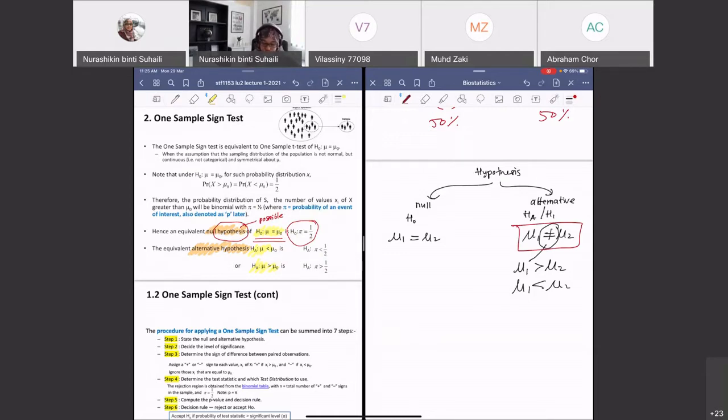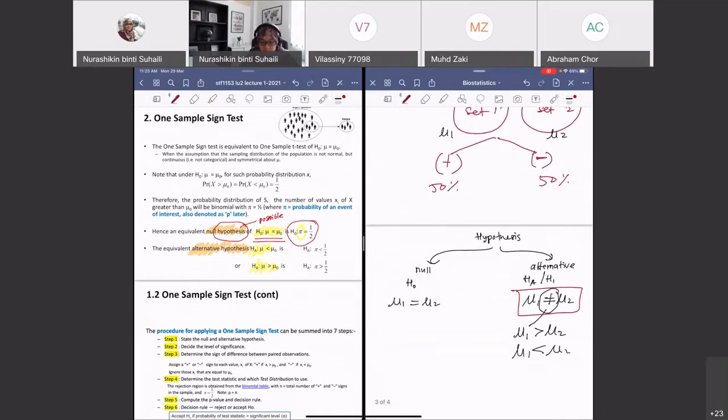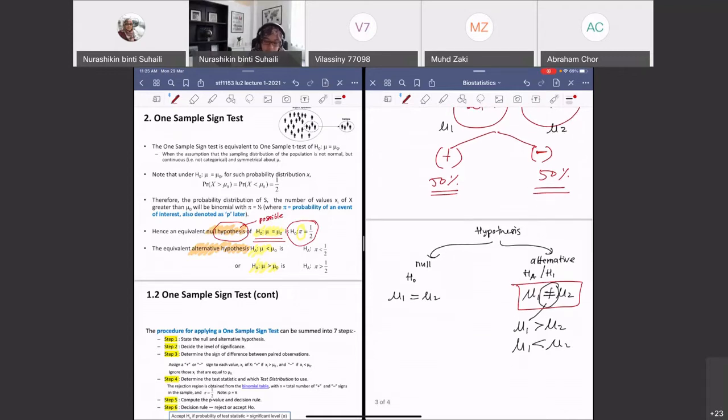Okay, so what is this pi? I mentioned just now that since there are two outcomes, each of the outcomes has a probability of 50%, right? I mean, equal chance. 50% could be positive, 50% could be negative. Now the pi is denoted as the probability of an event of interest.